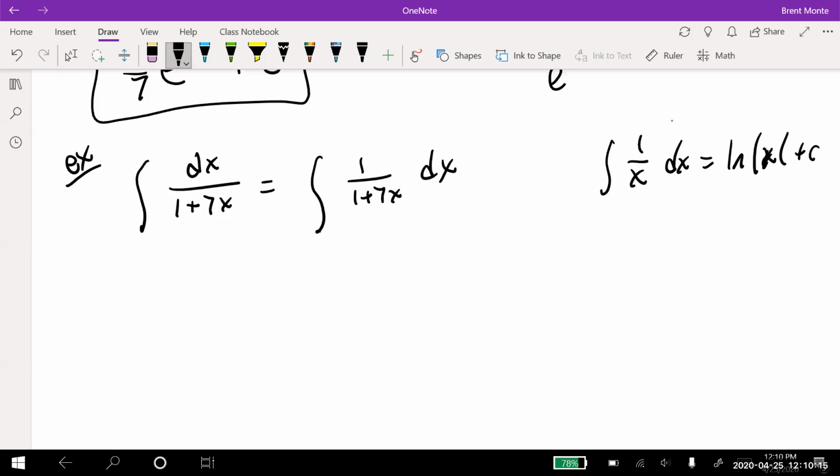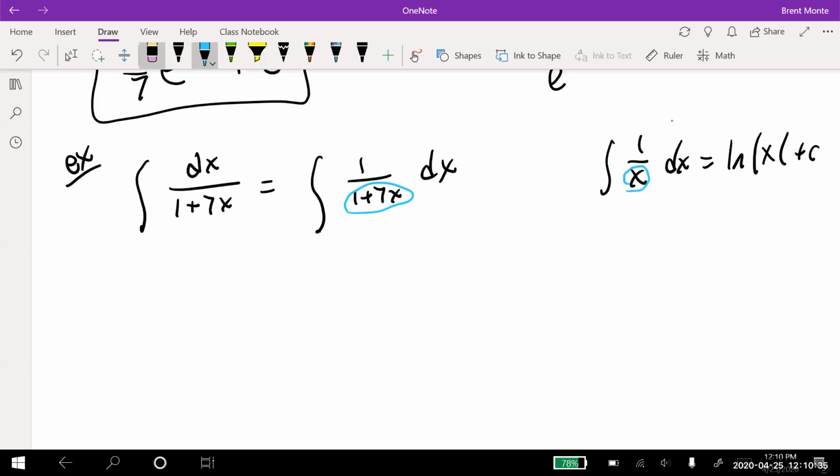And that's what I want to see when I look at this: that's 1 over something with an x to the first. So this piece down here, that's going to be my u-substitution. That is this inside function right here.